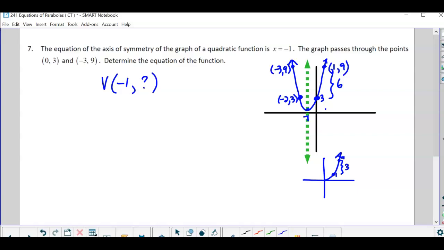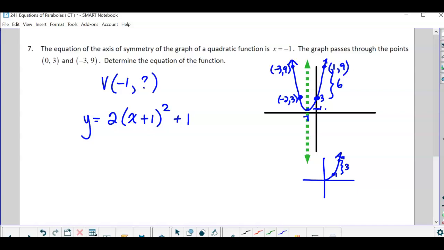That tells me that my stretch factor is 2. This is going to be (x plus 1) squared. And if my stretch factor is 2, then 3 would have to be 2 units above the vertex. So that would be a +2. Plus the vertex would be at 1.